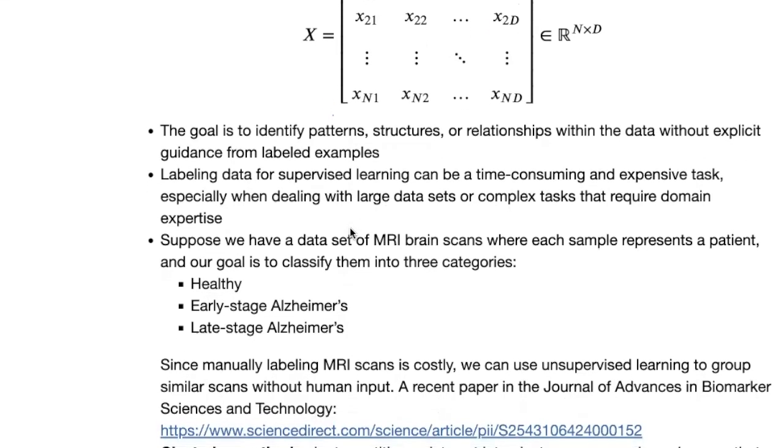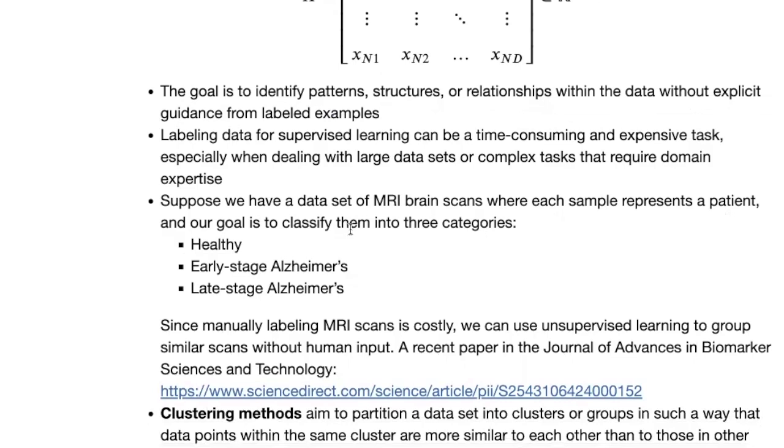So one work, for example, I wanted to highlight here is that we can think of unsupervised learning in the context of analyzing MRI brain scans. So obviously one approach is that when we get these raw MRI scans or images, we label people as, for example in this context, healthy or different stages of Alzheimer's, but this costs a lot of money, right?